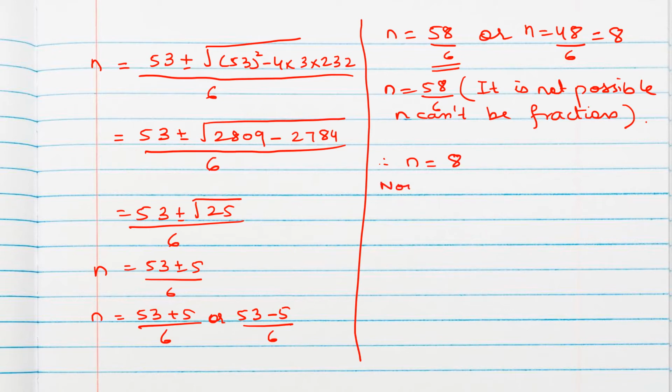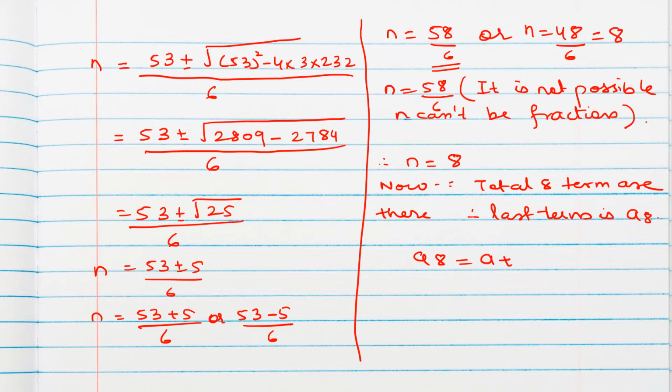Now since there are a total of 8 terms, the last term is a8. So a8 we can find directly without using some formula, because a and d both we know. So a plus 7d. a is 25 and d is minus 3. So 25 minus 21, which is 4. So the last term is 4.